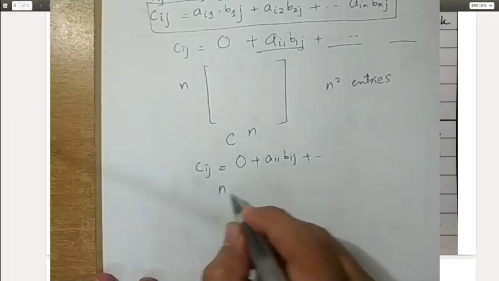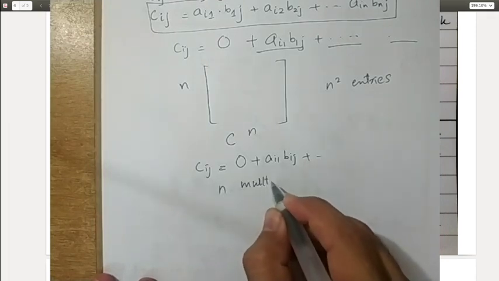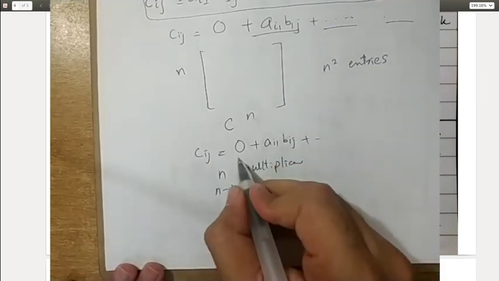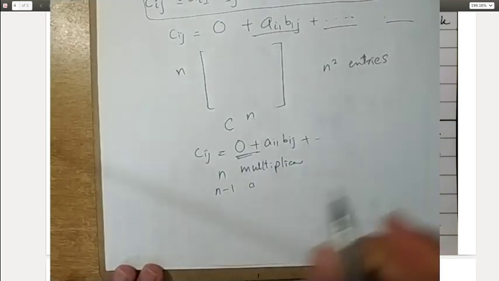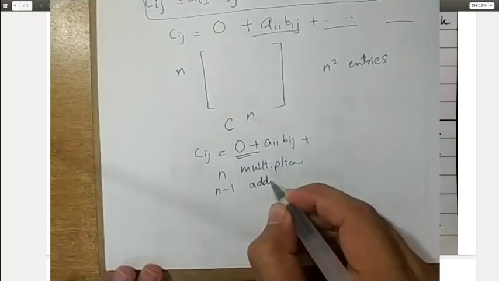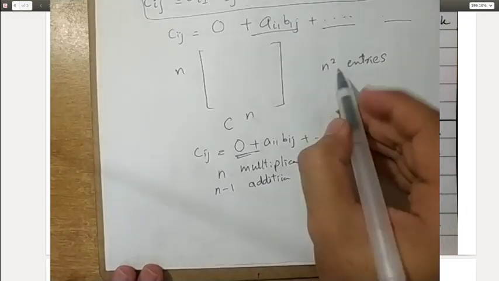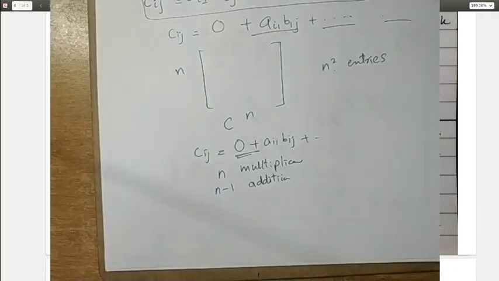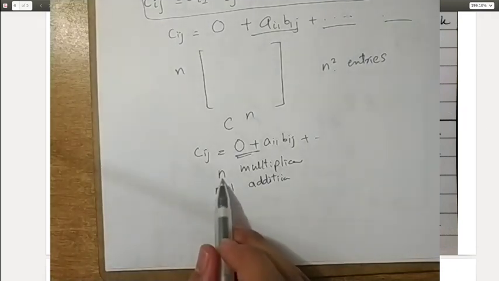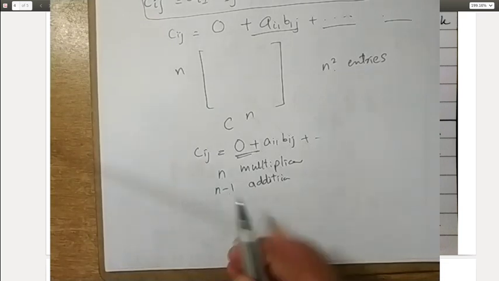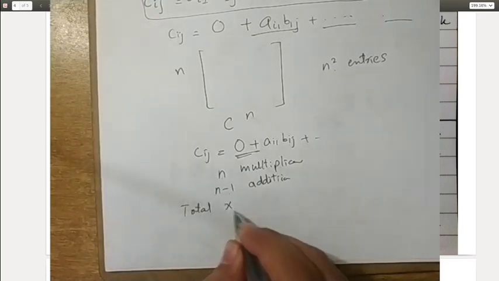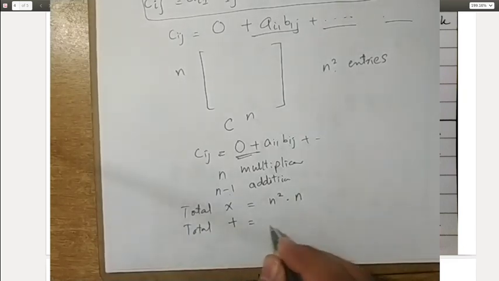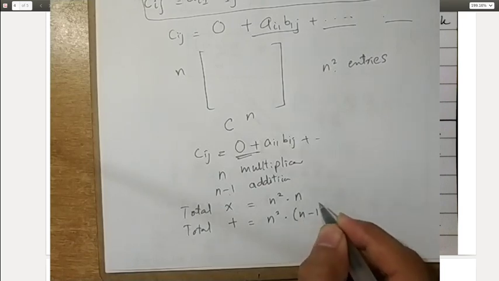So you're doing n multiplications for each entry and n minus 1 additions, because 0 plus this is not an addition. So n minus 1 additions for each of the n square entries. So the total multiplications is n square times n, and the total additions are n square times n minus 1.